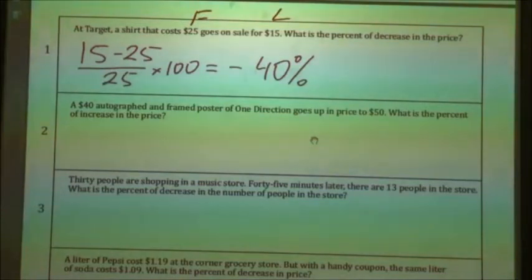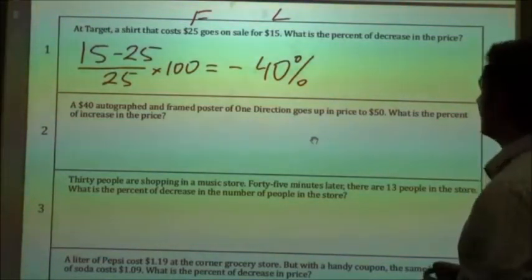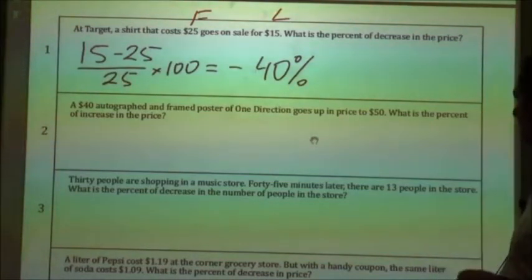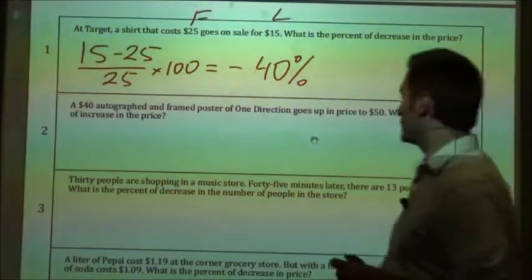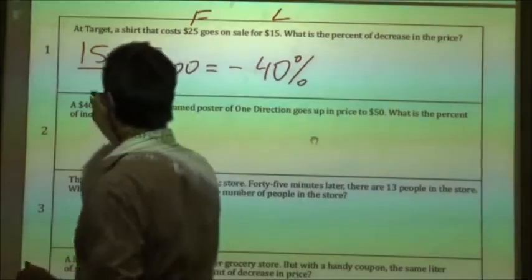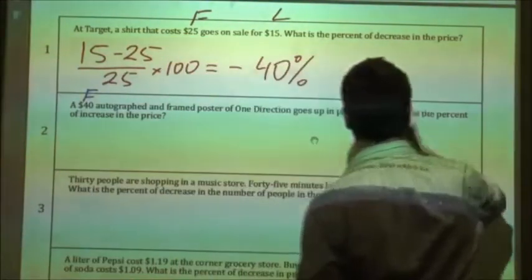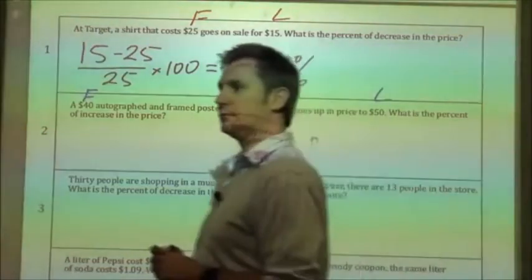A $40 autographed and framed poster of One Direction goes up in price to $50. So it goes from 40 to 50. What is the percent increase? Once again, our first number was $40. Our last number is 50. What do we have to do?